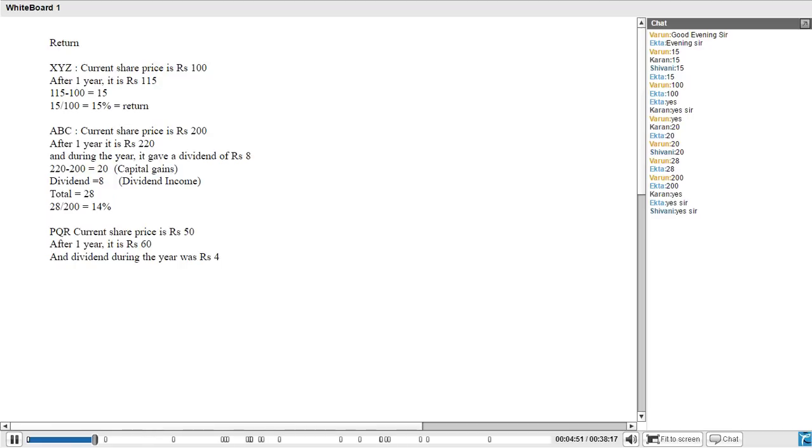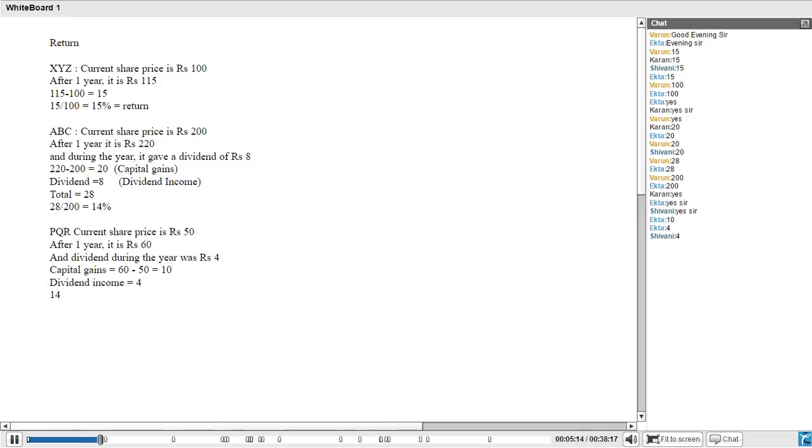So what was my capital gains? Capital gains we know was 60 minus 50, which is 10, right, Ekta? How much was my dividend income? 4, exactly. So my total income was 14.